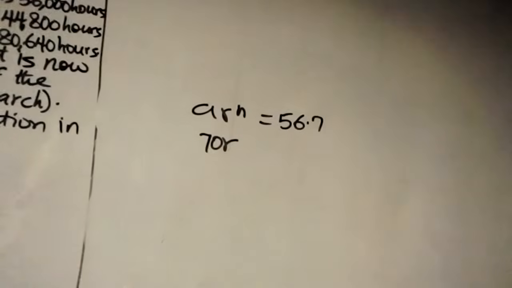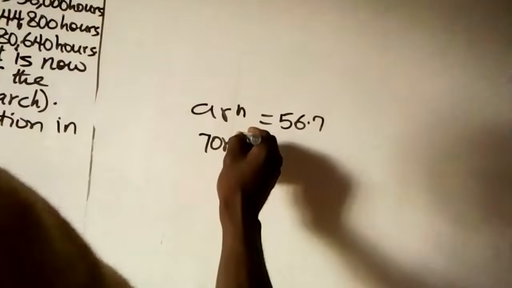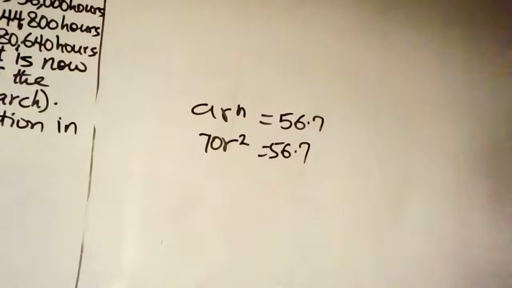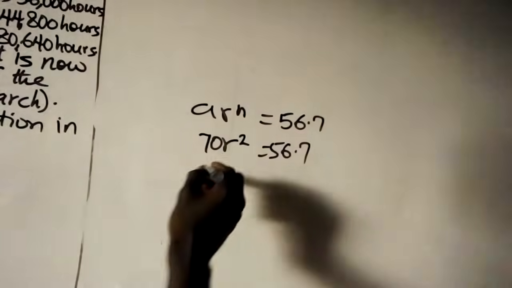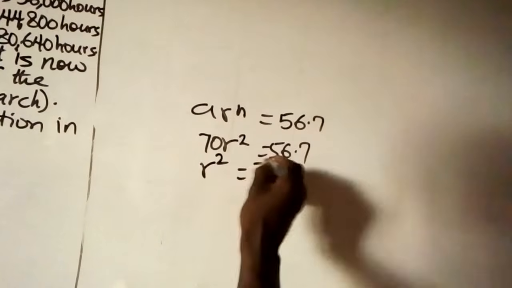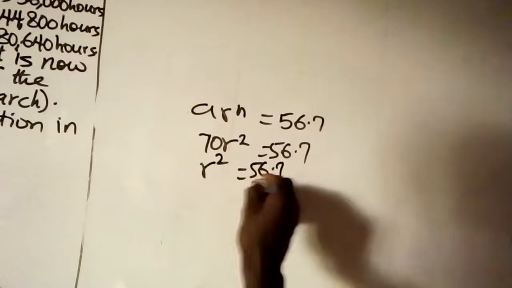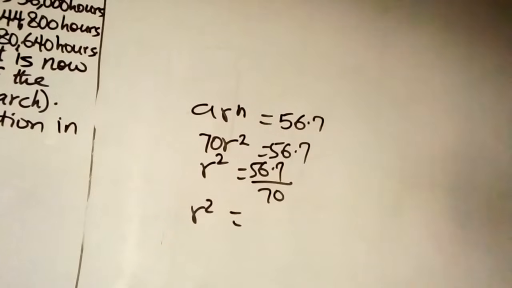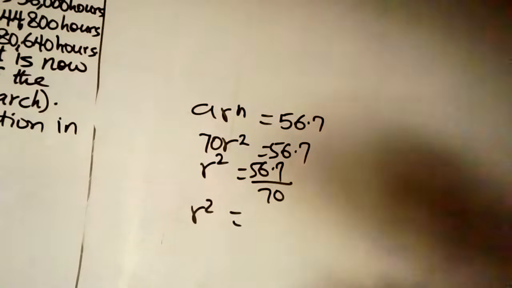So our n is 2, equal to 56.7. So make R the subject of the formula. We have R squared equal to 56.7 over 70, which is 0.81.